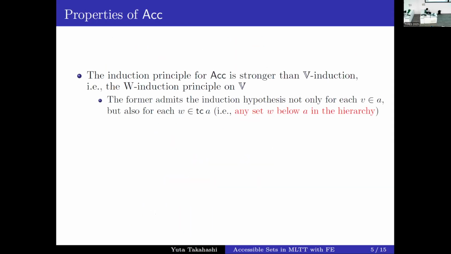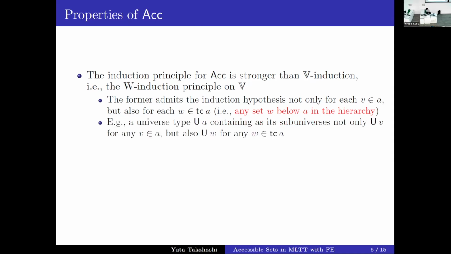Here are the properties of accessibility. The induction principle for Acc is stronger than V induction, namely the W induction principle on V, because the former admits the induction hypothesis not only for each v in A, namely the immediate element of A, but also for each w in TC A, namely any set w below A in this hierarchy.